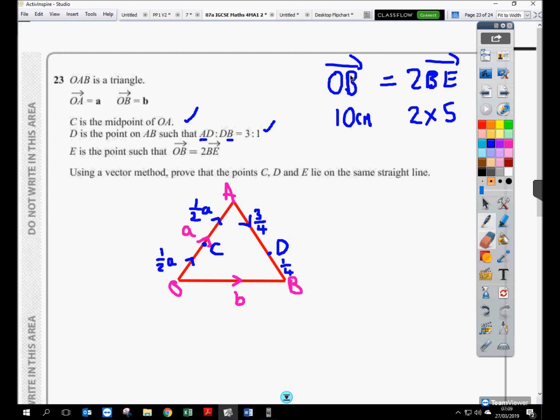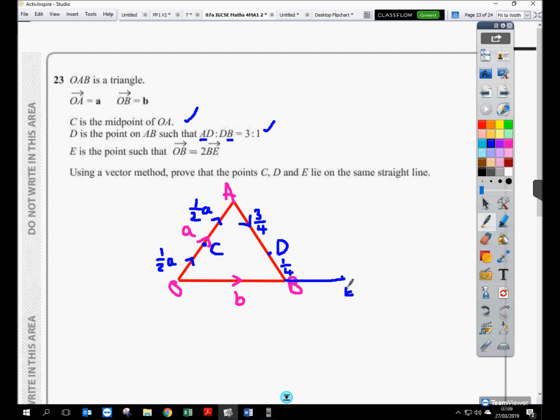So, okay, what it means is if BE is half of OB, it's about there somewhere. Okay, and that means this bit here must be half of B, from B to D. So my diagram's pretty good now.